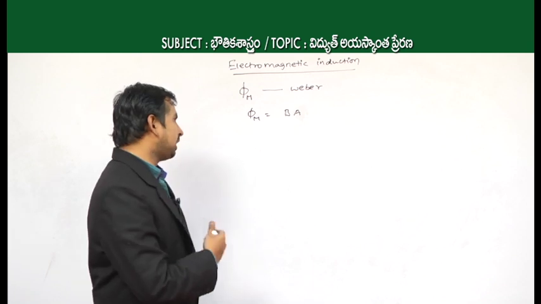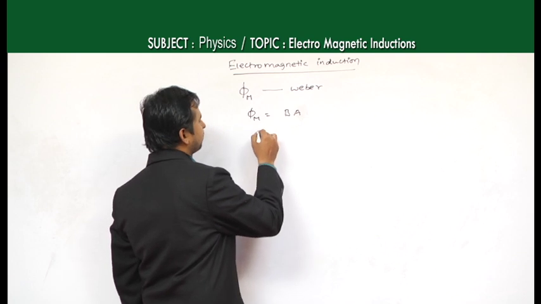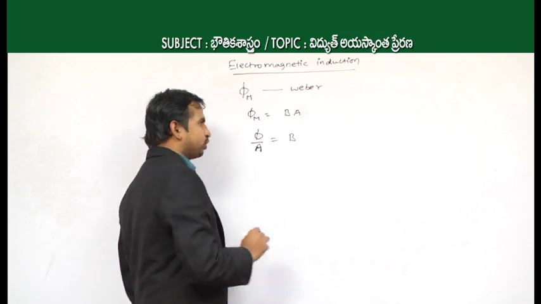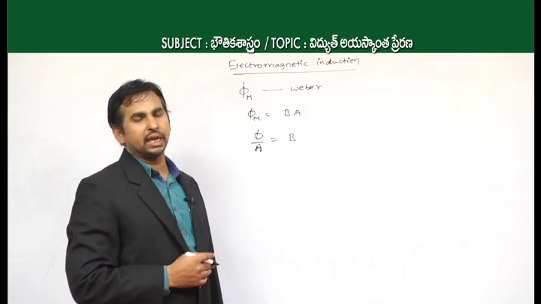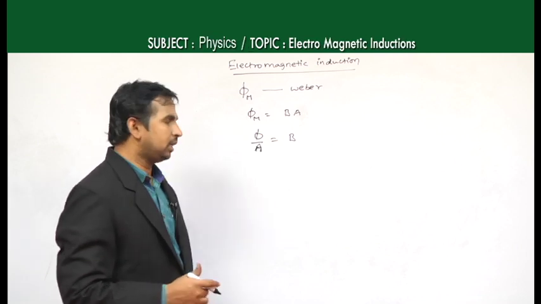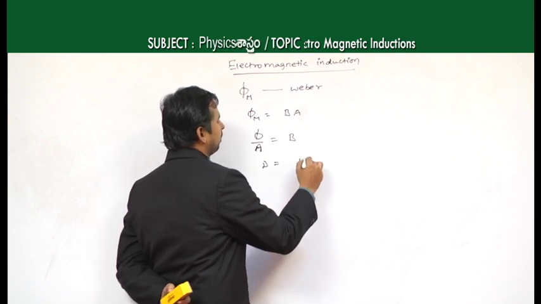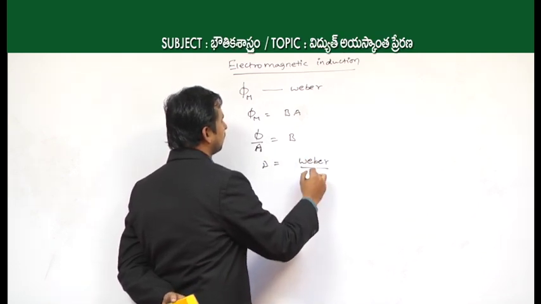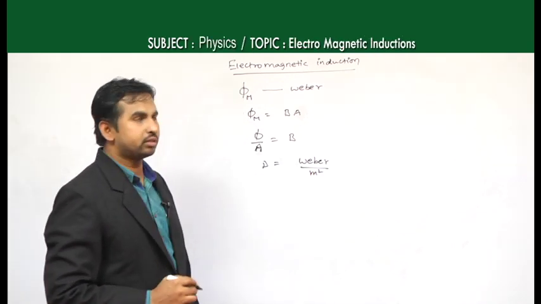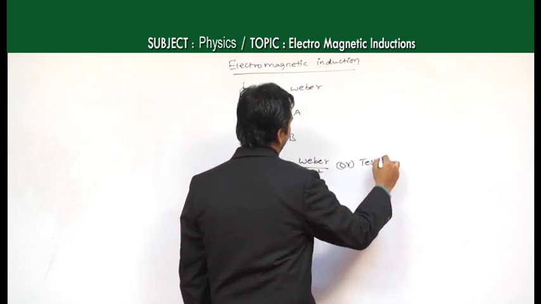That is why the flux per unit area, meaning the number of magnetic lines passing over unit area, we call magnetic field strength, which is called B, where the magnetic field strength B is equal to phi by A. The units of B are Weber for phi, and meter square for area, so Weber per meter square, which is also called Tesla.